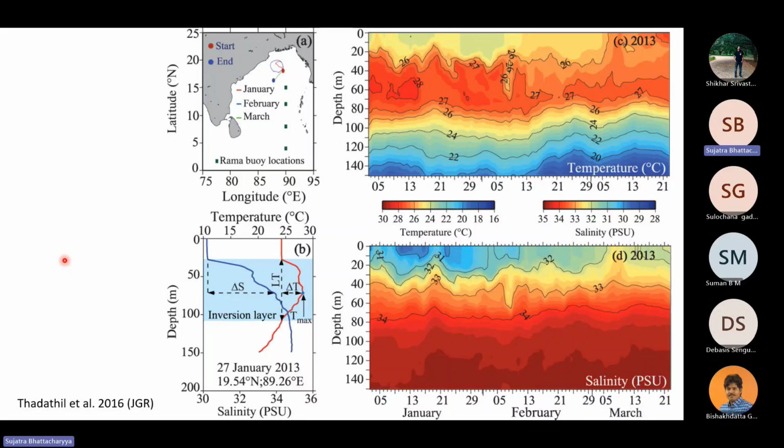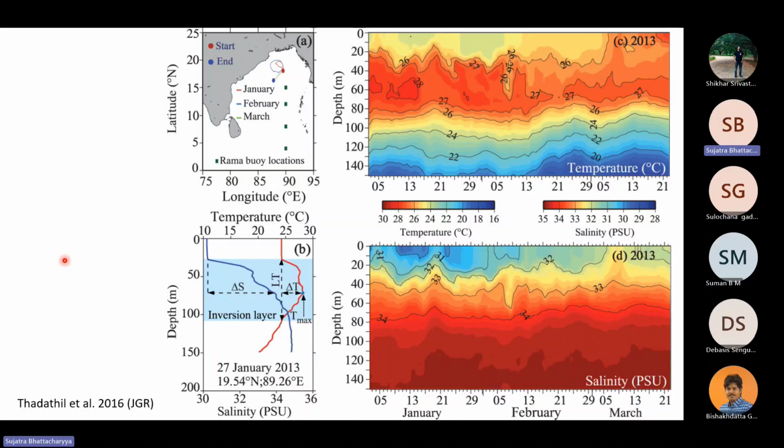And these are the profiles at one particular time in January at this particular location, 89 east, 19 north. You can clearly see the temperature inversion present here beneath a mixed layer. This is the inversion layer, and this whole layer is called the isothermal layer.